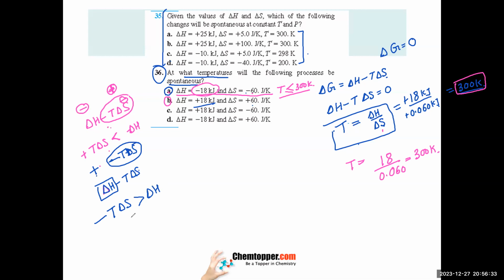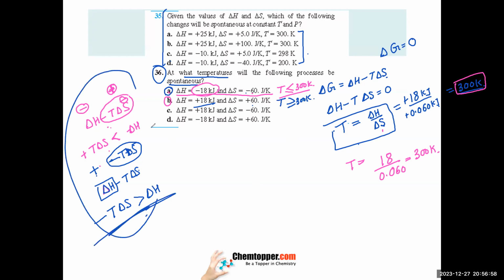Children, I'm speaking a lot, so I'm just checking whether you are understanding or not. Sammy has answered. Very good. So for the second, T should be greater than or equal to 300 K. Yes. You're understanding this, children?